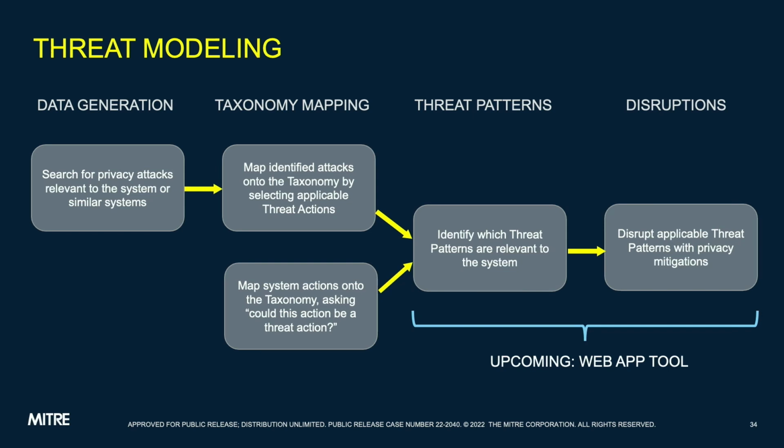So you just select your threat actions, the tool tells you which pattern your system might be causing, and you can disrupt those patterns with mitigations that lower the privacy threat. You could think of this as a privacy threat assessment. And as an added bonus, you'll have a better understanding of privacy threats and ways of discussing threats with management and others using the taxonomy and clusters terminology.